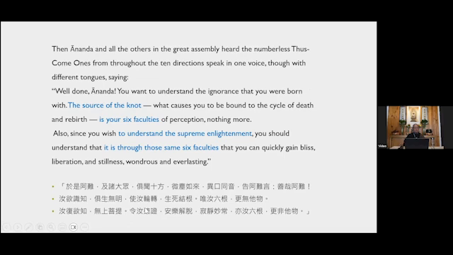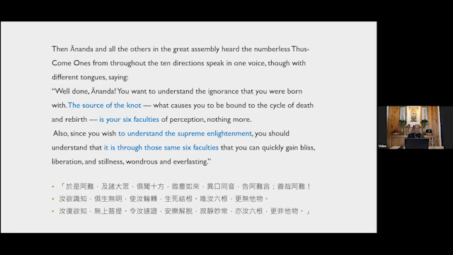We'll have to move on quickly. Okay, now, this is very important. Upon hearing that, all the Buddhas from the ten directions speak at the same time and tell Ananda, the source of the knot is your sixth faculty. All the affliction comes from your sixth faculty. Also, to understand the supreme enlightenment is through those same six faculties.